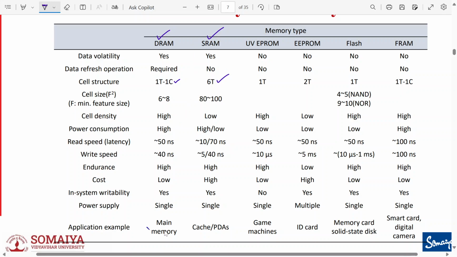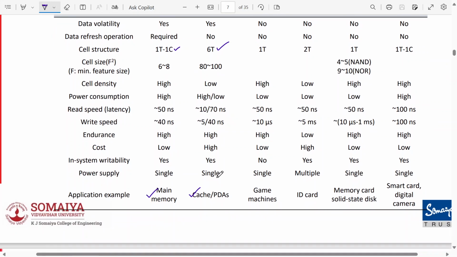Basically, we will also see its application. DRAM is used in the main memory, and SRAM is used in cache memory or PDAs. So you can write the comparison between SRAM and DRAM looking at this table. We can compare the writing speeds also, the cost, the power consumption, and the cell density. Also, you can mention it.